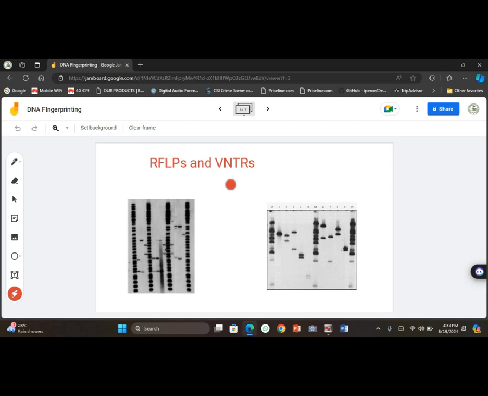DNA can be obtained from almost any part of the human body, the cells from the nerve, from the skin, from the brain, from the hair, and so on and so forth.